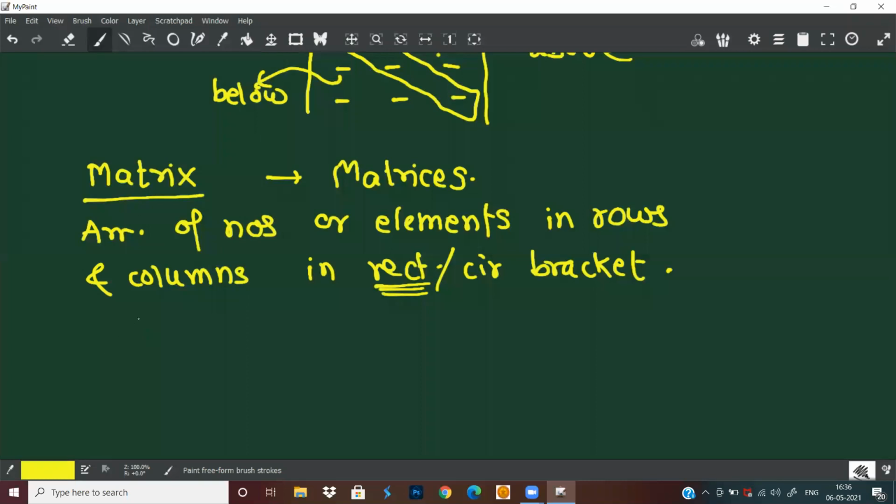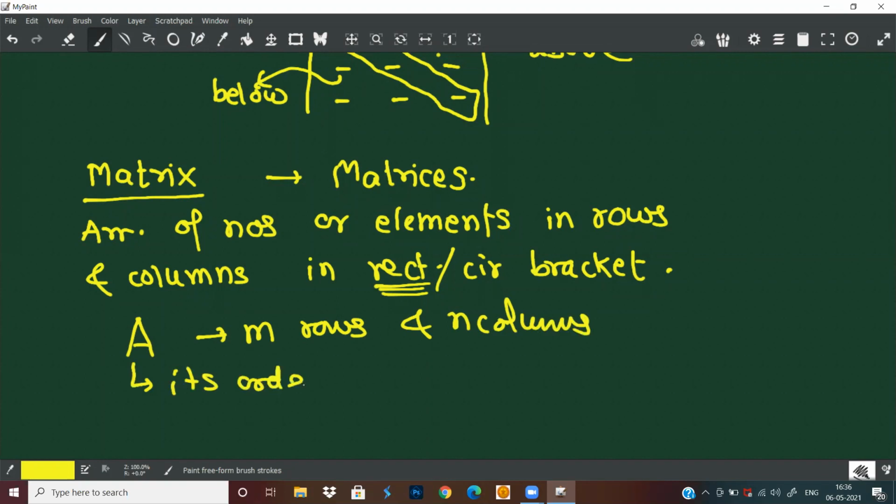So if any matrix, say A, has m rows and n columns, then its order is m by n. It is written as m by n, and every determinant is a matrix nahi hai. Determinants are different, matrices are different.